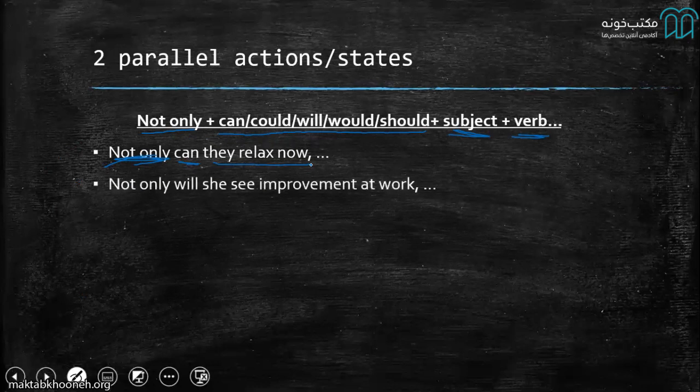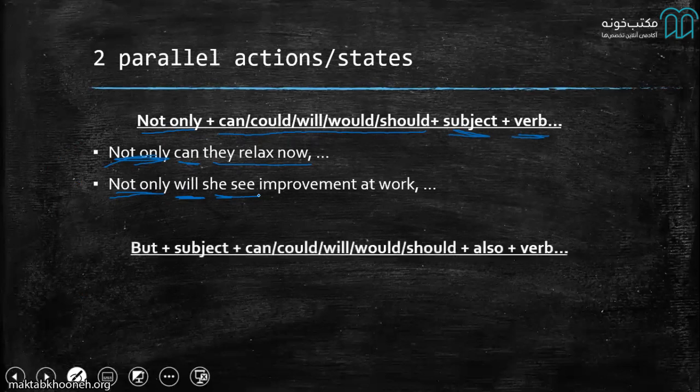Not only will she see improvements at work. So I have "not only," I have "will," and then I have subject and verb. So in this case, it's not only plus the modal verb and then the subject and the verb. And in the other case, it was not only plus do, does, did, and then subject and verb, right? So it really depends what kind of two sentences you're trying to put together.